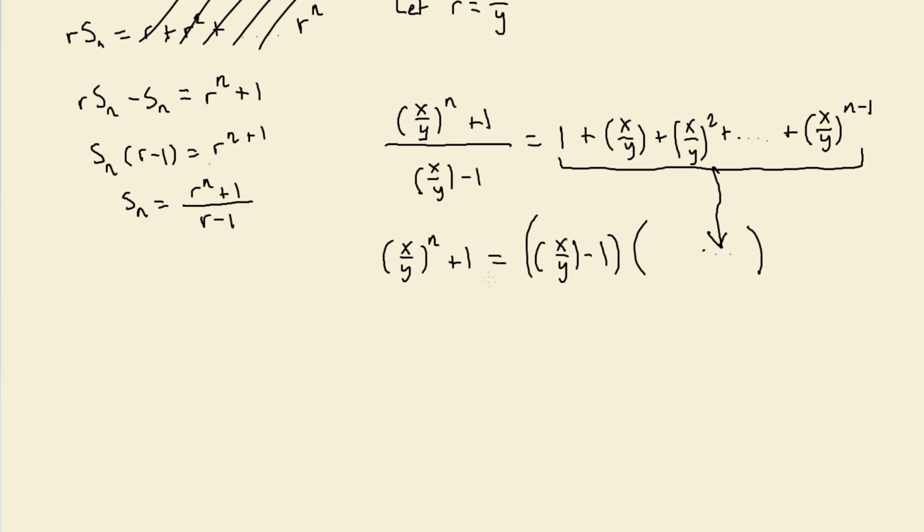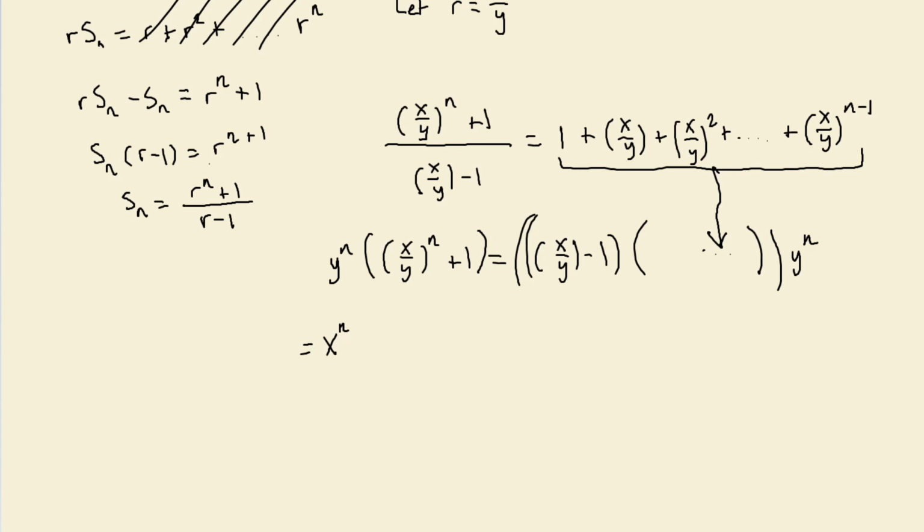And now all I want to do here is I want to multiply both sides of this equation by y to the n. If I take this whole side here and I multiply by y to the n, what am I going to get? Here on this side, y to the n will cancel with the y to the n in the denominator here, and I'll be left with x to the n. And then here, what am I going to get?